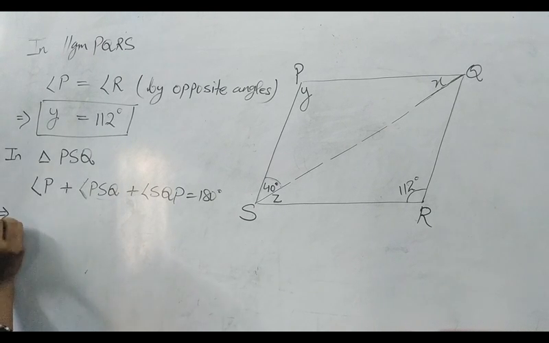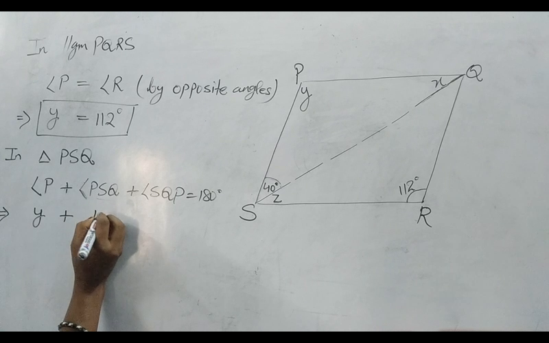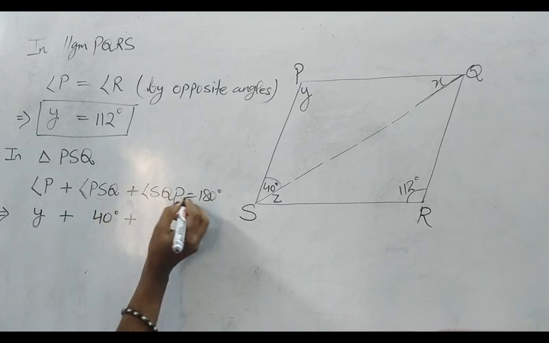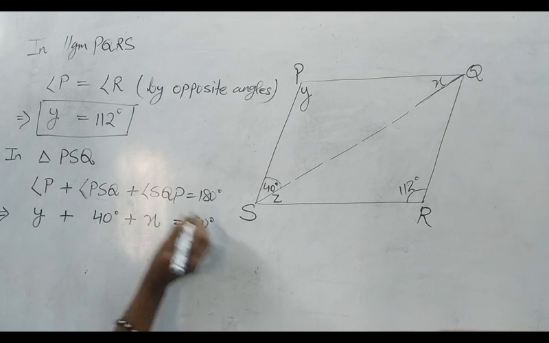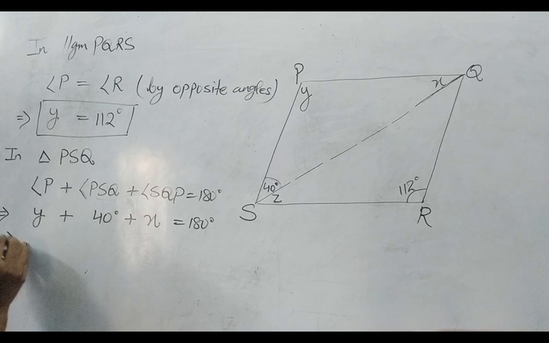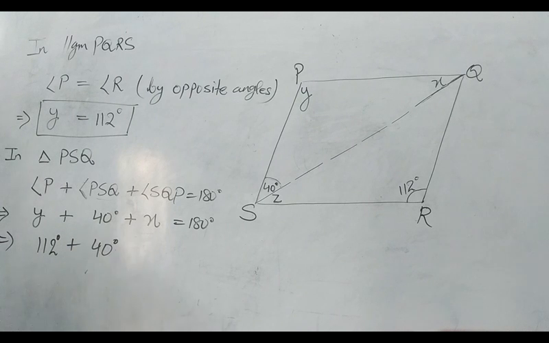Now put the values. This is y plus PSQ is measured as 40 and SQP is named as x, equals 180. Now put the value of y here. It is 112 degrees plus 40 degrees plus x is equal to 180 degrees.